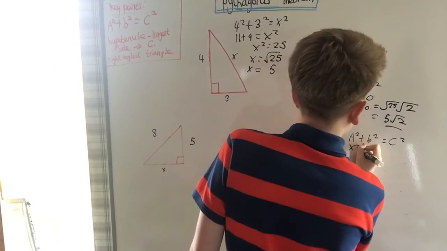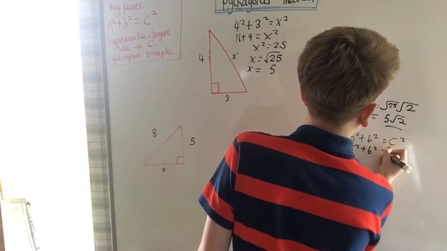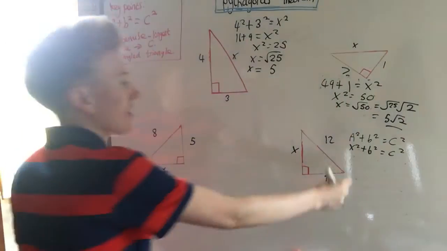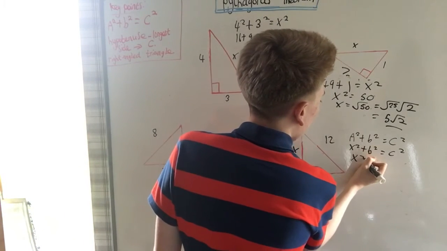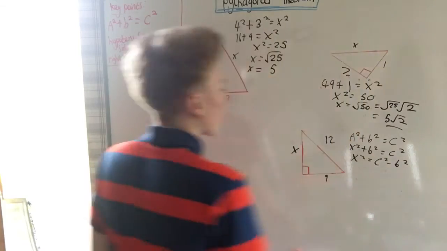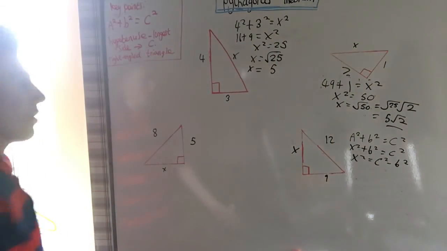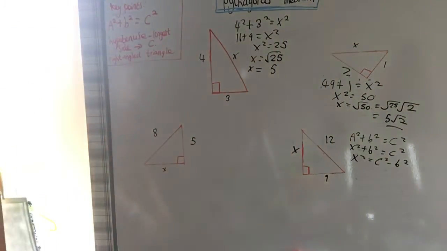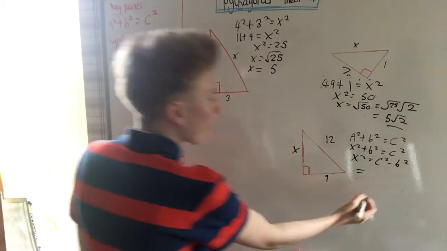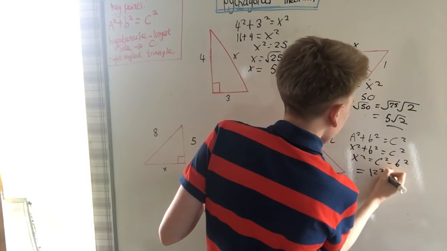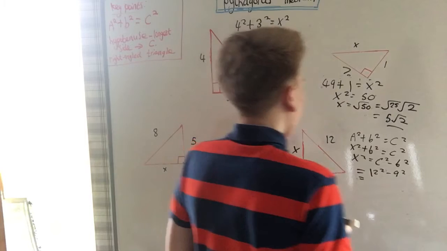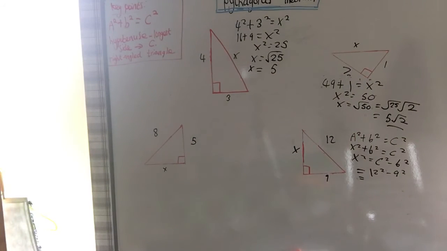So x squared plus b squared equals c squared. Now we're trying to find x, so we simply rearrange this for x squared. And we do that by moving the b squared across to the other side. So we get x squared is c squared minus b squared. So this is just c, which is our longest side, 12 squared, minus 9 squared. Okay? And that's all we have to do here.